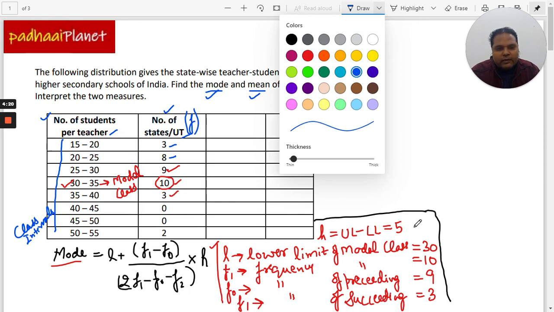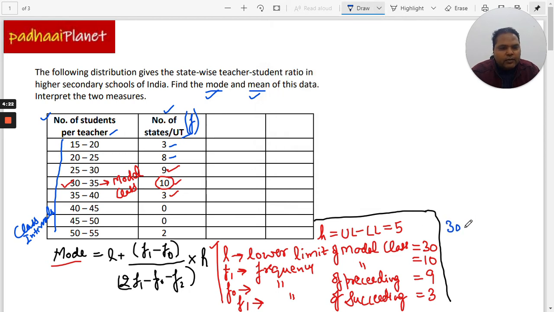L is 30, so we write 30 plus F1 minus F0, that means 10 minus 9, divided by 2 multiplied by F1, that is 20, minus F0 which is 9, minus F2, which is 3, and then we multiply it with h, which is 5.